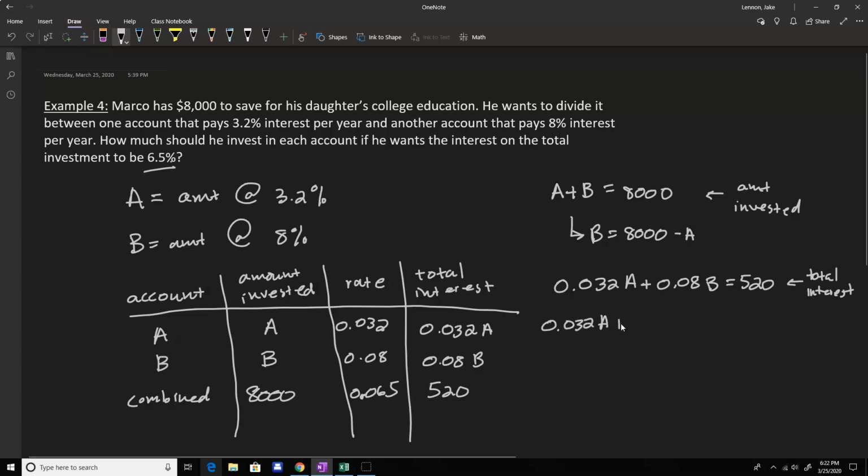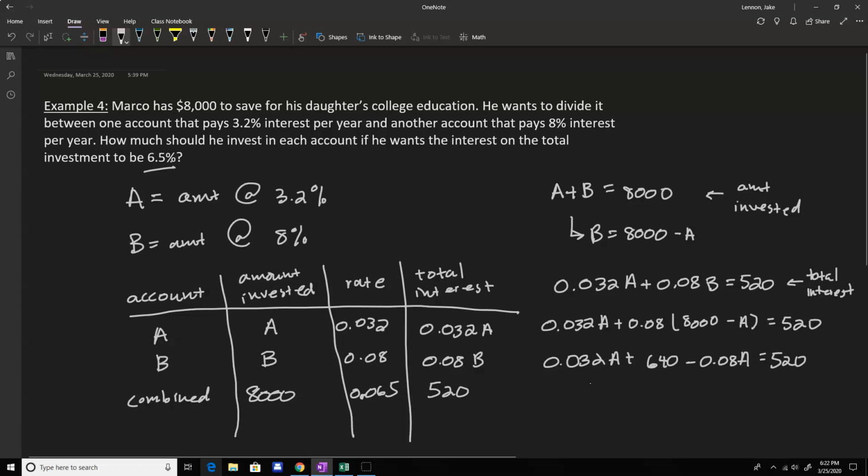So 0.032A plus 0.08 times (8,000 minus A) is 520. We need to distribute that 0.08, so 0.032 times A plus 640 minus 0.08A equals 520.